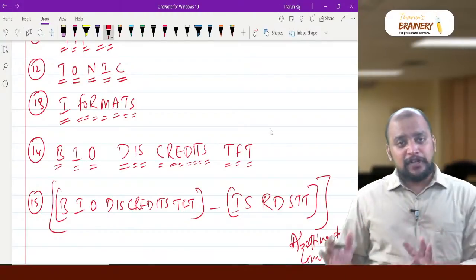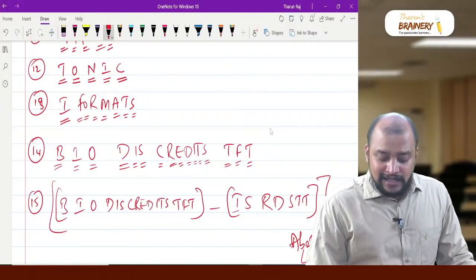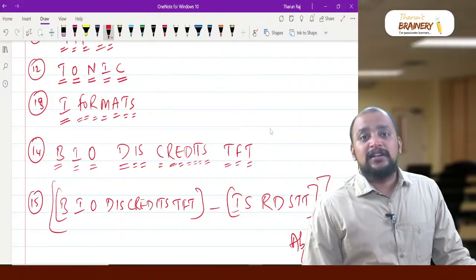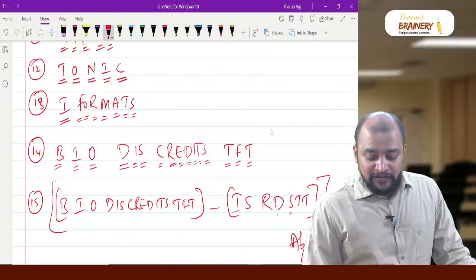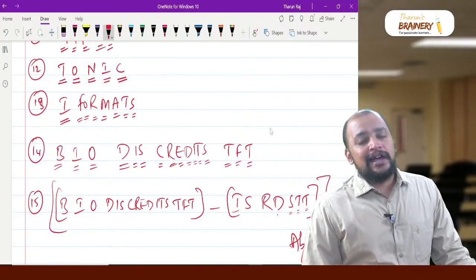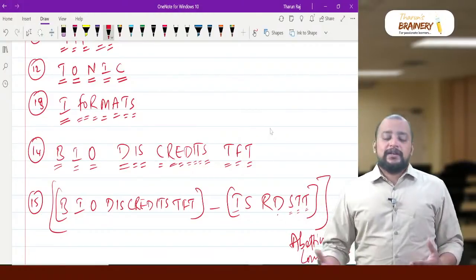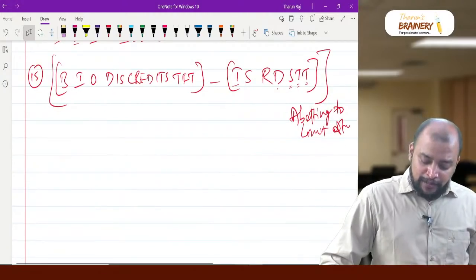BIODISCRETFT we already know. ISRDSTT: I is ISD default, S is supply with GST of another person, R is registration default, D is disposal of goods while detention or seizure is operational, and S refers to suppression of turnover. Two T's, that is TDS TCS default and transportation related default. So those will not lead to any imprisonment, but other offences plus abetting to commit these offences lead to imprisonment.